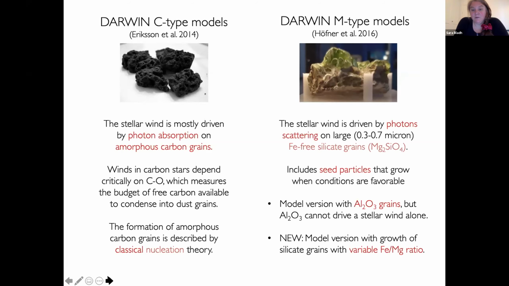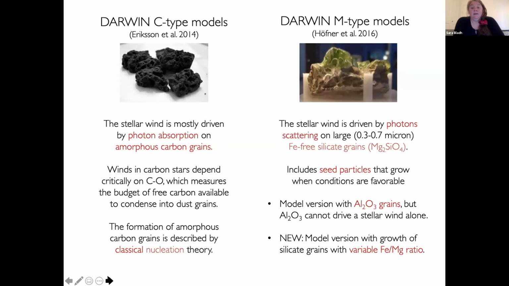It was long a discussion what drives the wind in these stars, but we seem to reproduce both wind properties and photometric properties with this driving mechanism. Now, in M-type AGB stars, there is no easily implemented description for how these dust grains grow or nucleate.